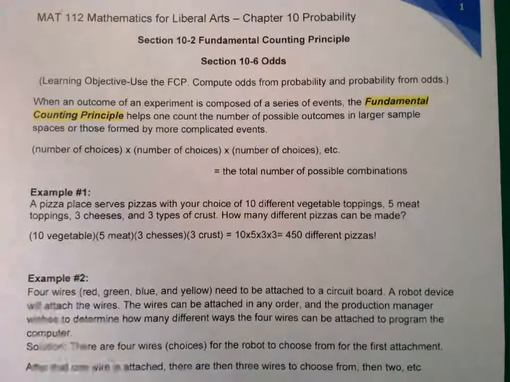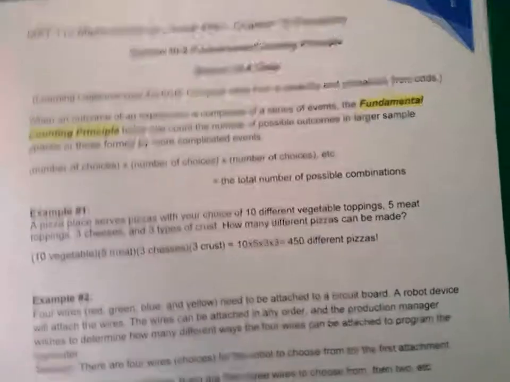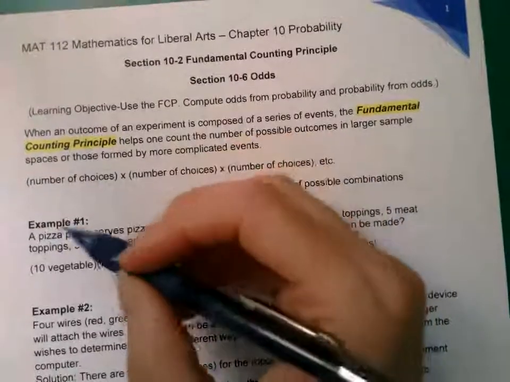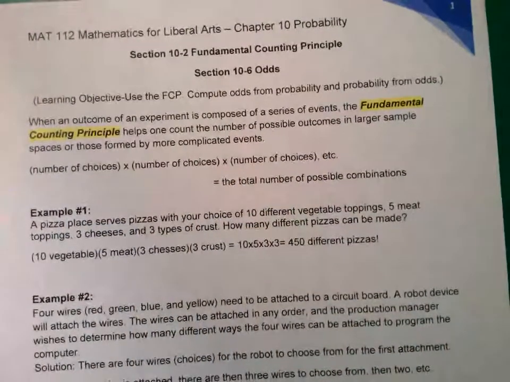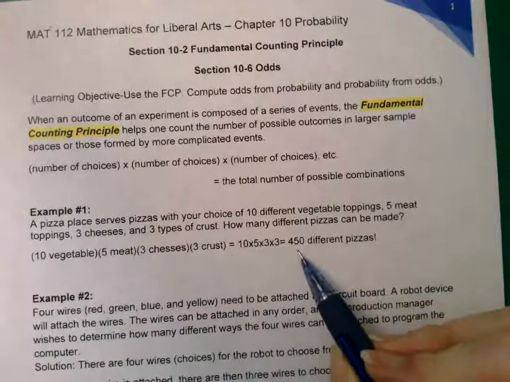So for example, a pizza place serves pizza with your choice of 10 different vegetable toppings, 5 meat toppings, 3 cheese toppings, 3 types of crust. That's a lot of different pizzas. I'm not going to make a tree diagram for that.